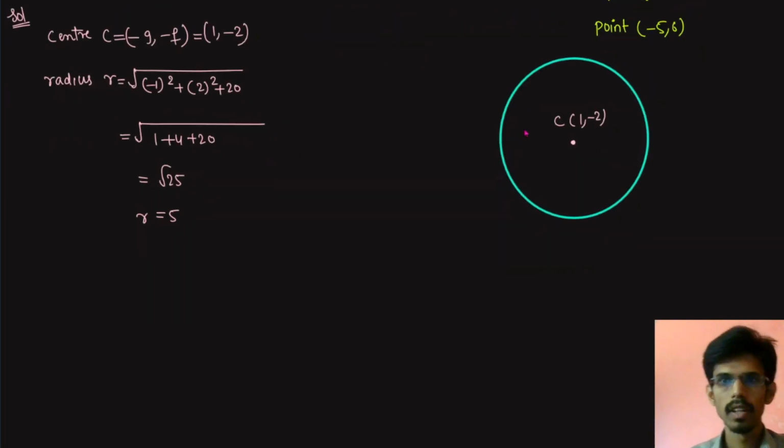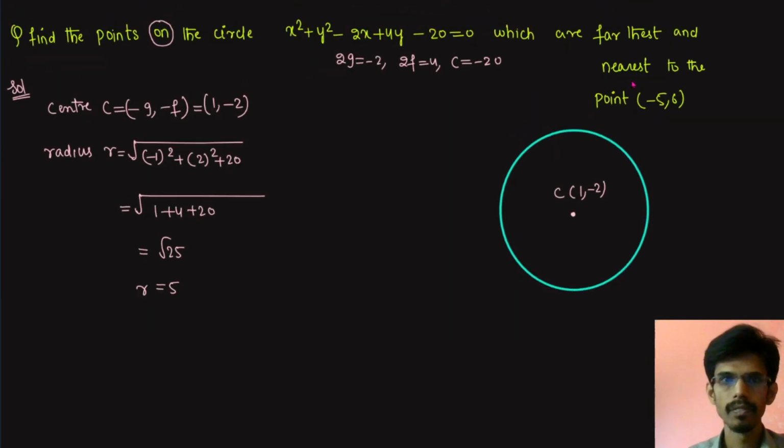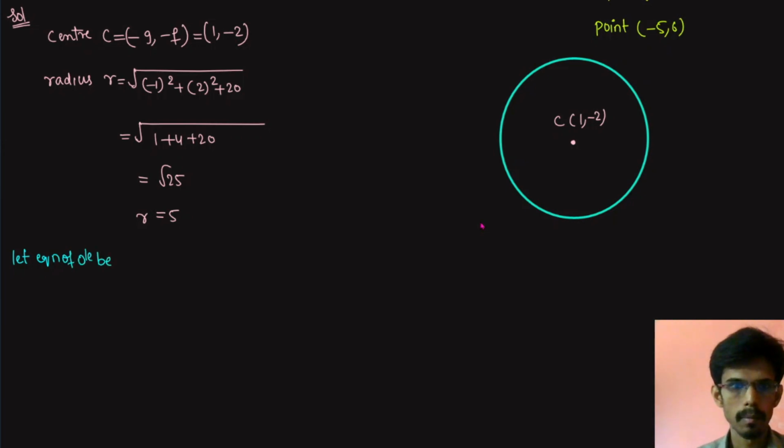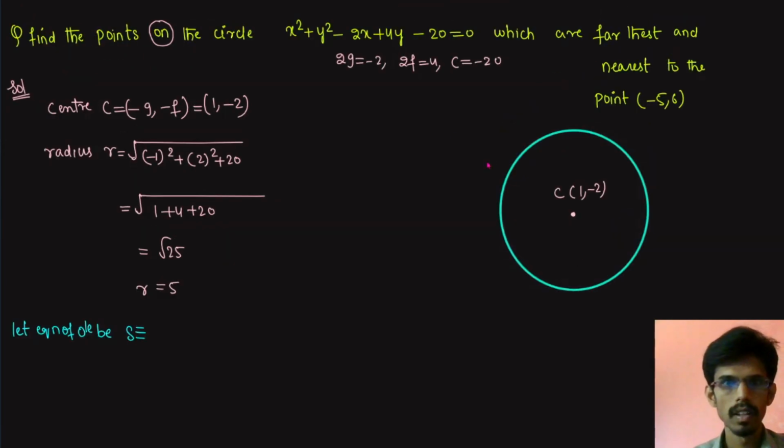Okay. Now we have been given this point (minus 5, 6). Let the equation of circle be S equal to x square plus y square minus 2x plus 4y minus 20.